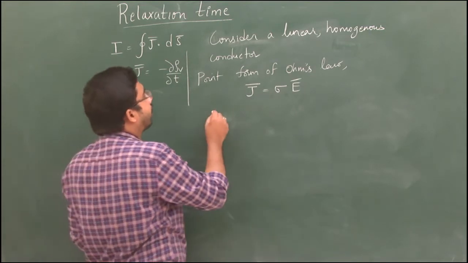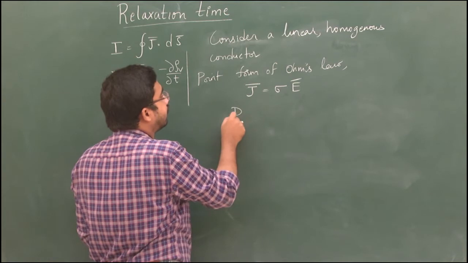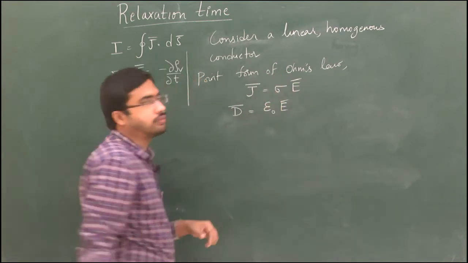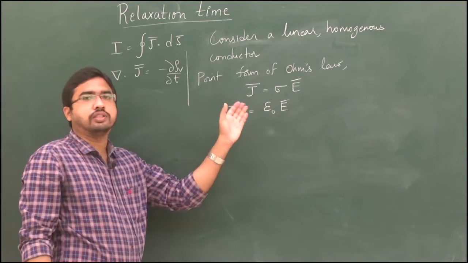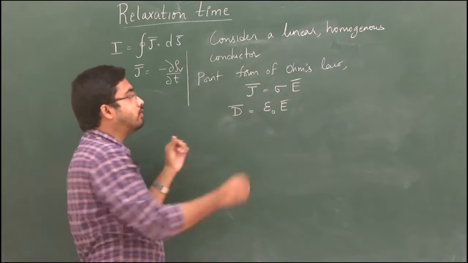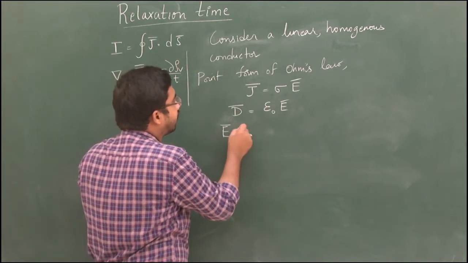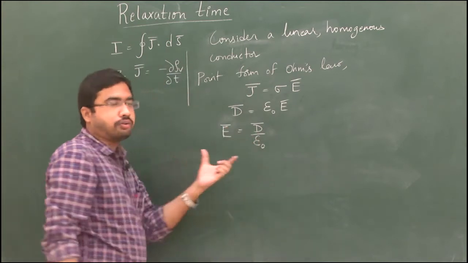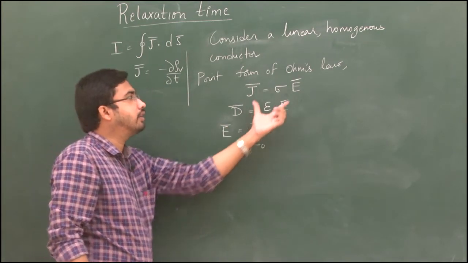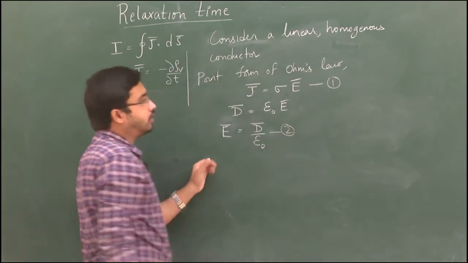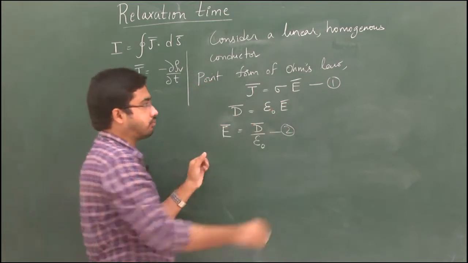And we also have the relation D bar equal to epsilon naught into E bar. We already know this relation from our first unit. So from this, what is E bar? That is D bar by epsilon naught. Now substitute this E bar in the first equation, the second equation in the first equation.